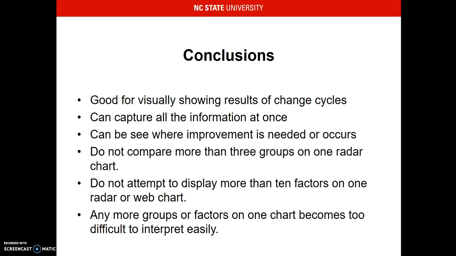Any more groups or factors on one chart becomes difficult to interpret for your audience. And whenever doing any type of chart, you want to make sure that it's easy to understand and it actually expresses the data and information that you want to portray. And a lot of times, simpler is always better.